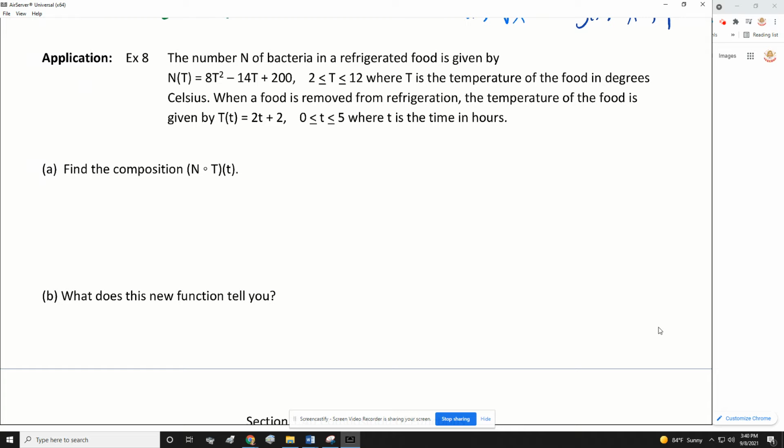So the first part of this asks us to find n of t. This is kind of confusing because you have capital T and lowercase t. So to remember, capital T is the temperature of the food in degrees Celsius. Lowercase t is how long it's been out of the refrigerator. So I'm going to find n of 2t plus 2. So in my n function, everywhere where I have a capital T, I'm going to put in that 2t plus 2.